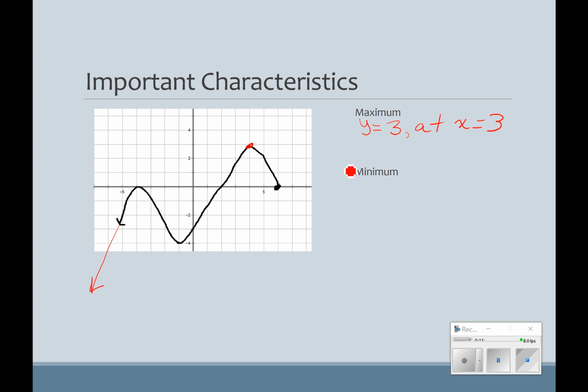So what we call this then is a relative minimum. Okay, and that means, what do we see on the graph? Well, on the graph, we see that that is my lowest point. So it's a relative minimum of negative 4. Okay, and it occurs at x equals negative 1.